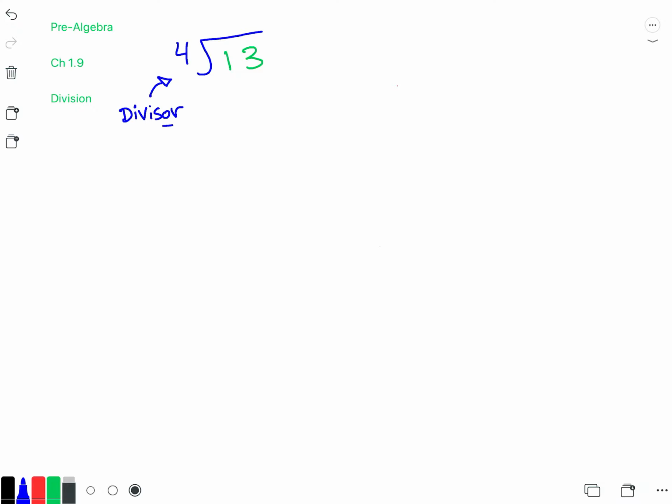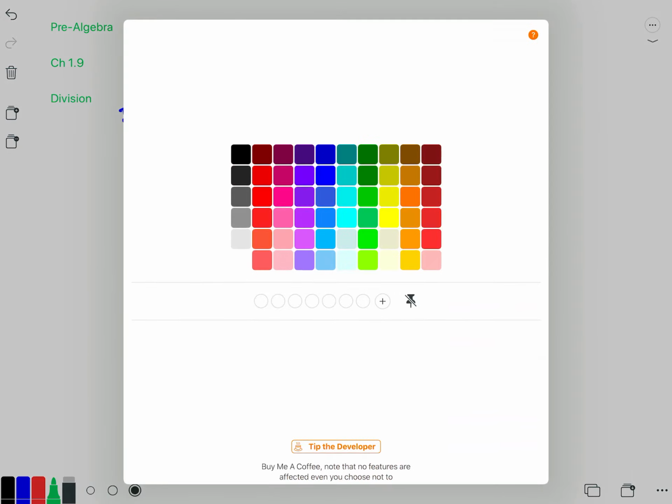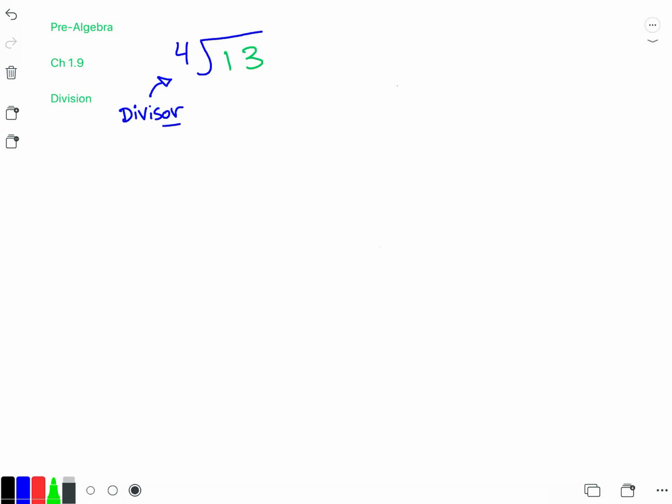It's the one that does the dividing. That's the action, right? The one that is getting divided or split up is called the dividend. I like to remember it as the divided. It is the group that is getting split up, right?